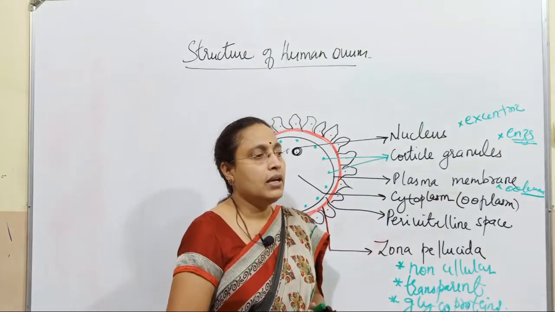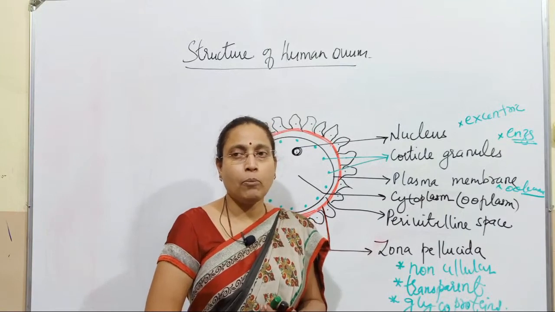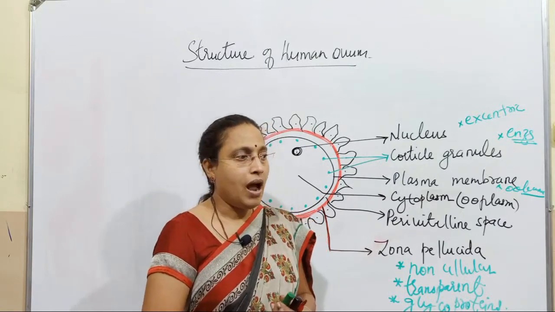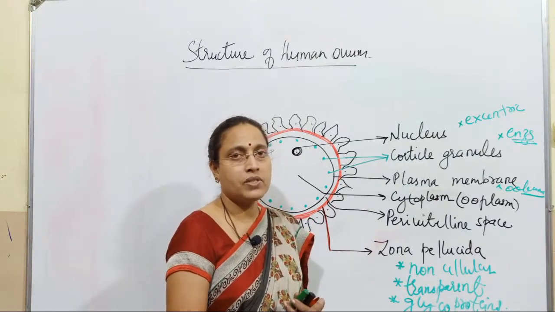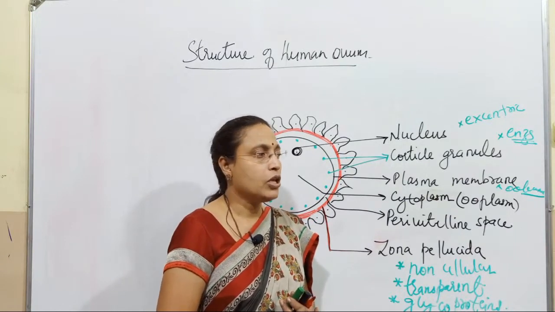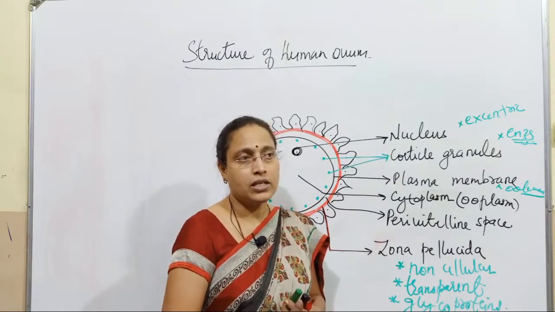Zona pellucida plays a very important role in preventing polyspermy. After the cortical reaction, the zona pellucida becomes hard and impermeable so that there is no fertilization with other sperms.